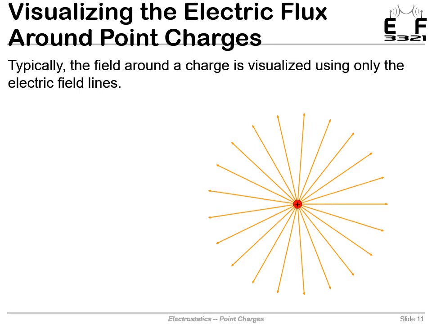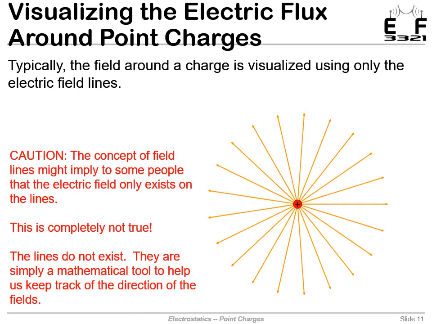I really don't like doing this, and I would stress caution on this when you're just beginning, because this seems to imply that the electric field would exist on the line, but not off of the line. And that is completely false. The electric field is a smooth, continuous phenomenon.